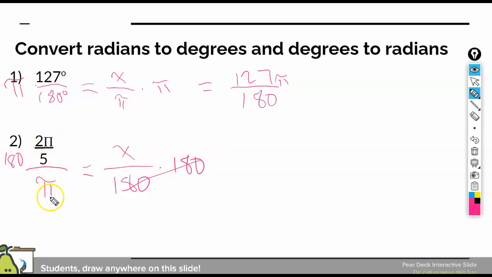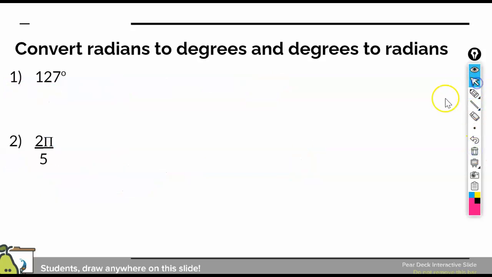The pi on the top and the pi on the bottom cancel one another out, and all I end up with is 2/5 times 180. 180 divided by 5 is 36, and 36 times 2 is 72 degrees. So that's going back and forth between radians and degrees.